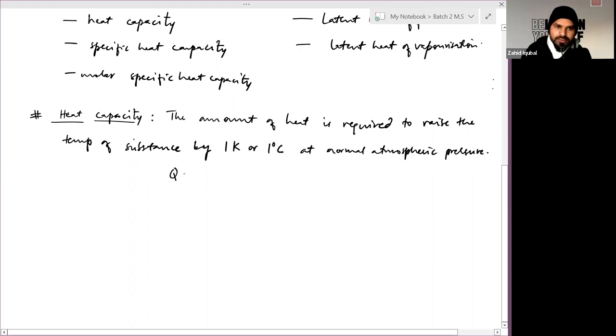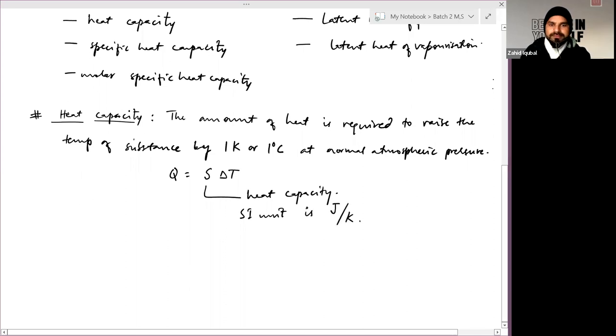So Q equals S, that is heat capacity, times change in temperature. So this S is called the heat capacity constant. So its SI unit related to this formula will be Joule per Kelvin.